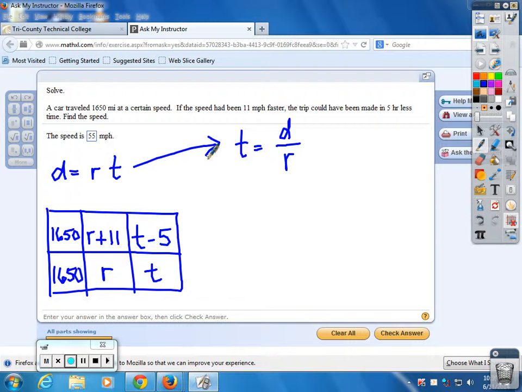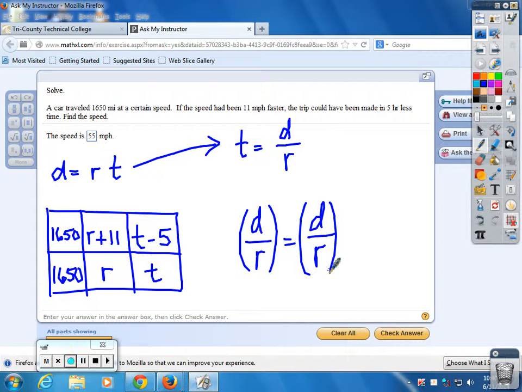So I'm going to have the distance and rate on this side equal to the distance and rate on this side. But we have one more thing that we've got to remember. This time is what? Minus 5. So one of these has to be a minus 5. So I'm going to do the one on the left. Does everybody agree that this is T, T is equal to D over R?